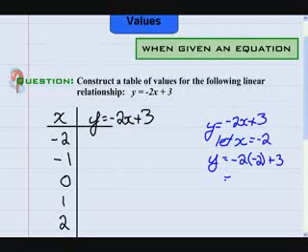Then you simplify. -2 times -2 is +4, and we have +3, giving us a value of 7. So when x is -2, this algebraic relationship tells me that the corresponding y value is 7. So on my table of values, where x is -2, I place y equals 7.